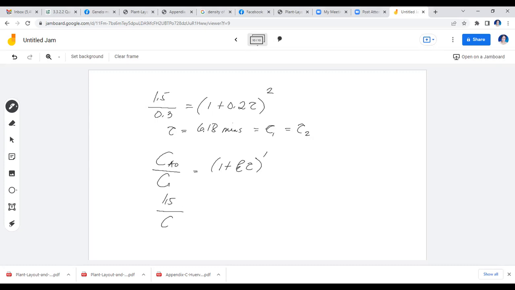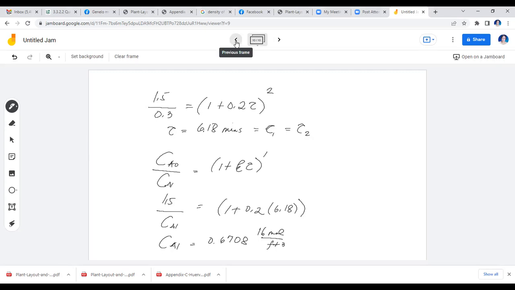I want to determine the Ca1. So I'll have here 1 plus 0.2 times the tau that I have here, 6.18, raised to 1 because we're determining Ca1. From in here, you'll determine already the Ca1, which is 0.6708 pound mole per cubic feet.